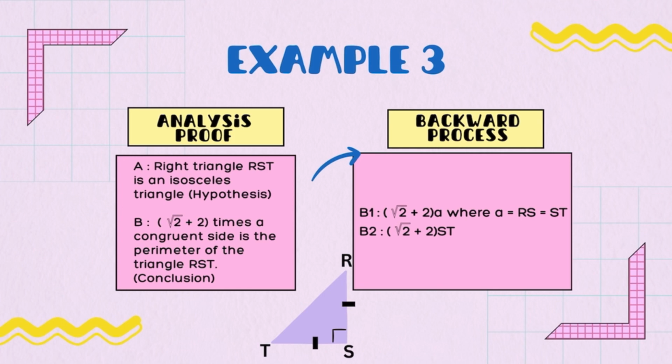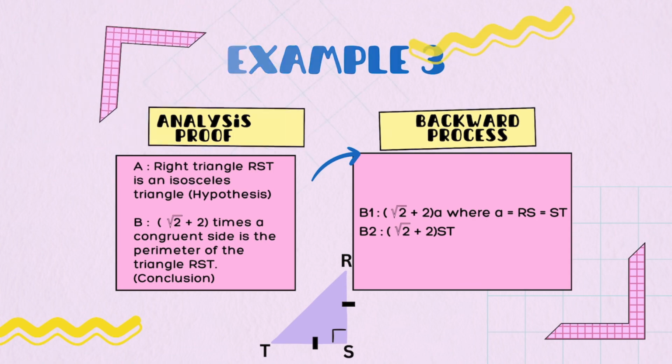Next is the backward process. B1 is square root 2 plus 2a, where a is equal to RS and equal to ST. B2, square root 2 plus 2 times ST.